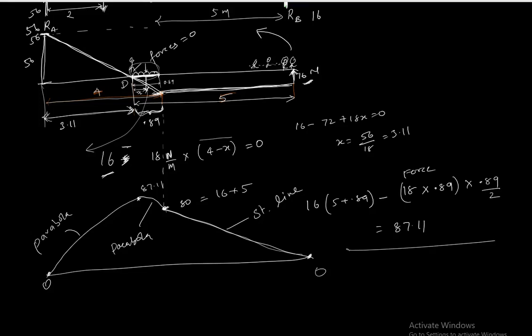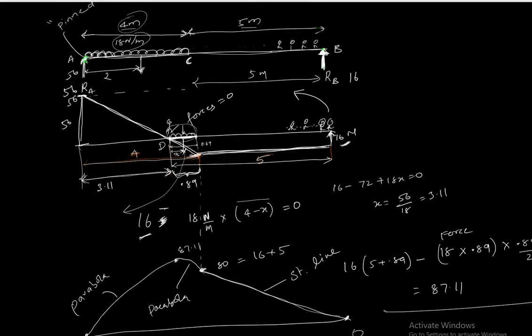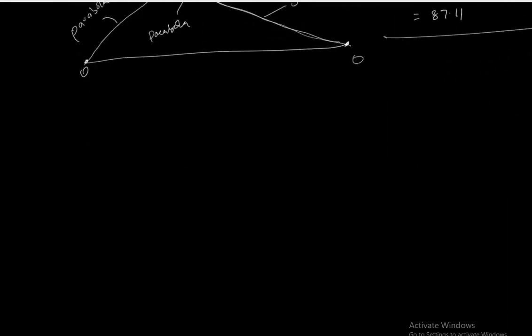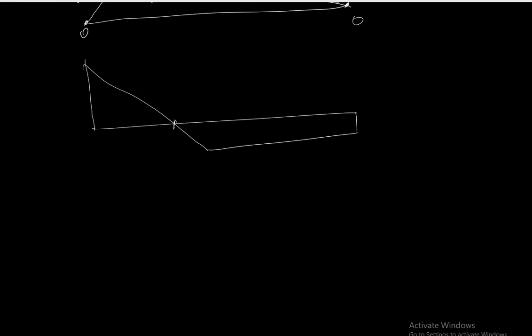So the only thing to remember here is where we need to find this point in the shear force bending moment diagram. We got something like this. So we need to find that point. We find that point here because in the shear force diagram this is 0, so the force is equal to 0.